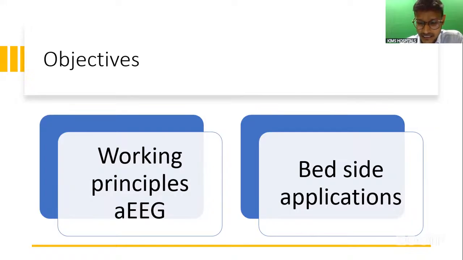So let's see how this amplitude EEG can be applied in neonates. The objectives are the working principles of amplitude EEG and the bedside applications, and maybe a few slides on the evidence which supports the use of amplitude EEG in neonates.